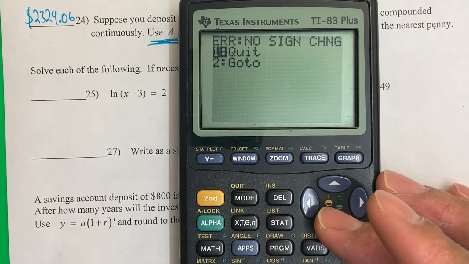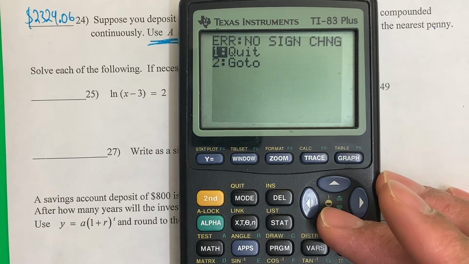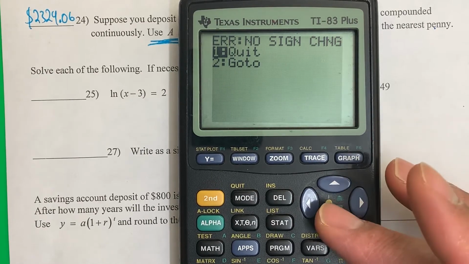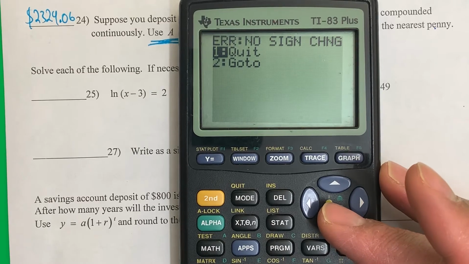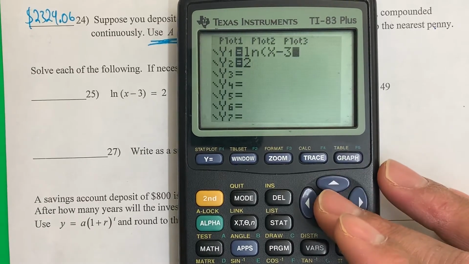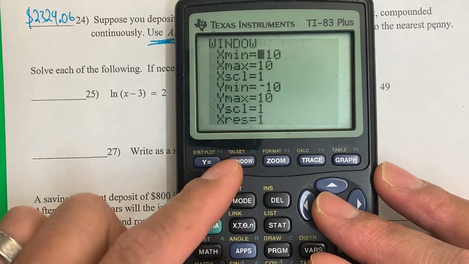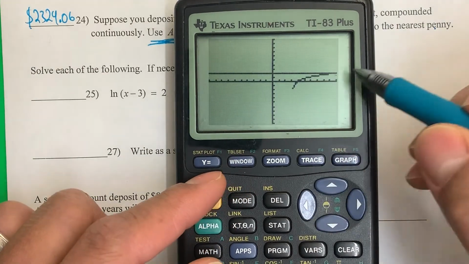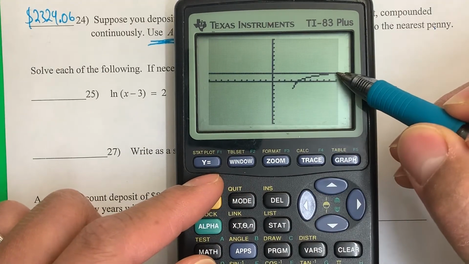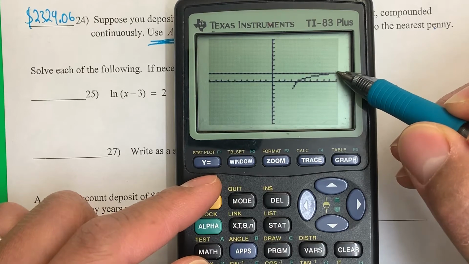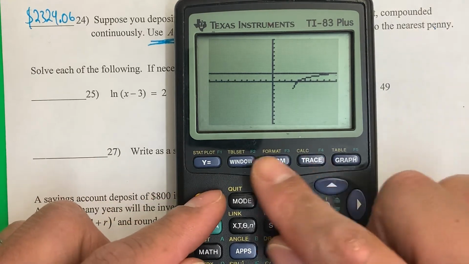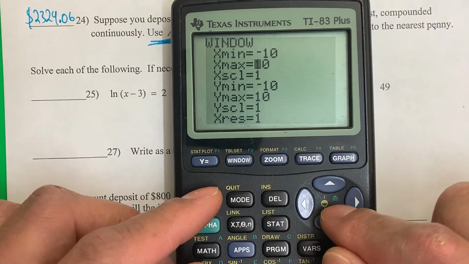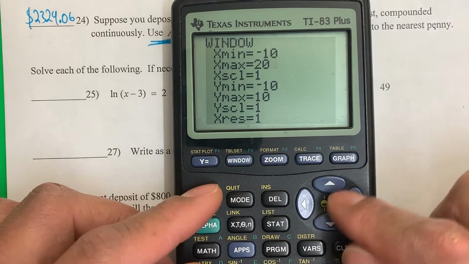No, it probably means the cross where the sign changes from positive to negative. In other words, where the two lines intersect. That's how the calculator thinks about it. It happens off screen. So we need to go to the window, and if we look at the graph, we couldn't quite tell if they were crossing in this area. It looks like they're getting really close, but we have to see where they actually cross. Well, we just need to see further to the right. So now I make my x max 20, right? Just go further.